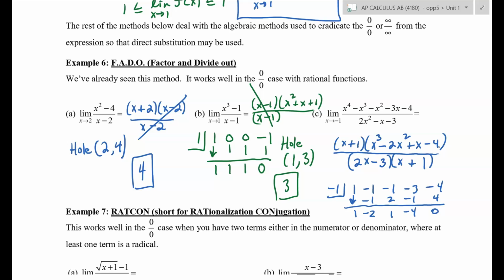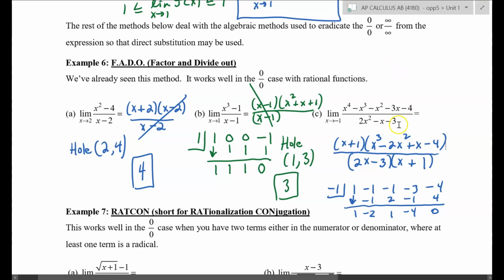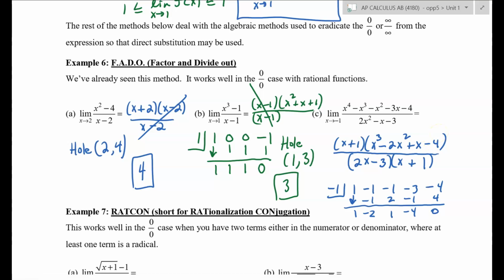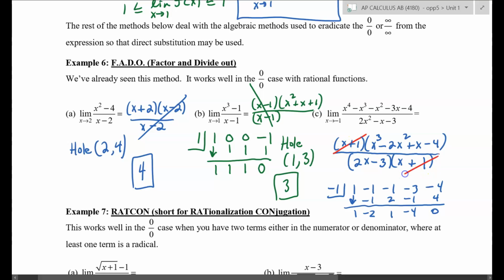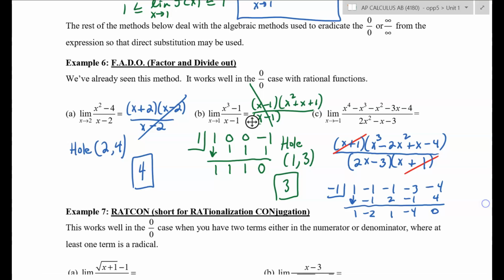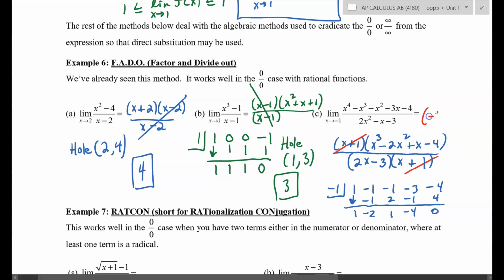Now, Austin, is it possible that this could be factored more? It's possible, but do I care? I know that there's a hole in the graph at the factor of x plus 1 or at a point of x equals -1.